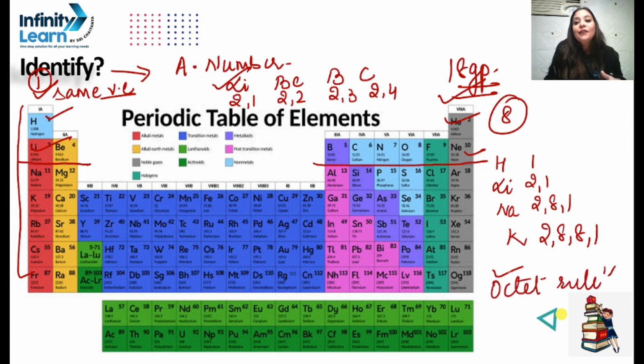And you know that if anything obeys the octet rule, that is the tendency to have 8 electrons in the last shell, that means a stable valence shell, a stable electronic configuration, and those elements don't have to combine with some other atom. They are stable. That is the reason inert gases are stable. They are inert. They don't react with any other thing because they have a stable noble gas configuration, as their octet is complete.